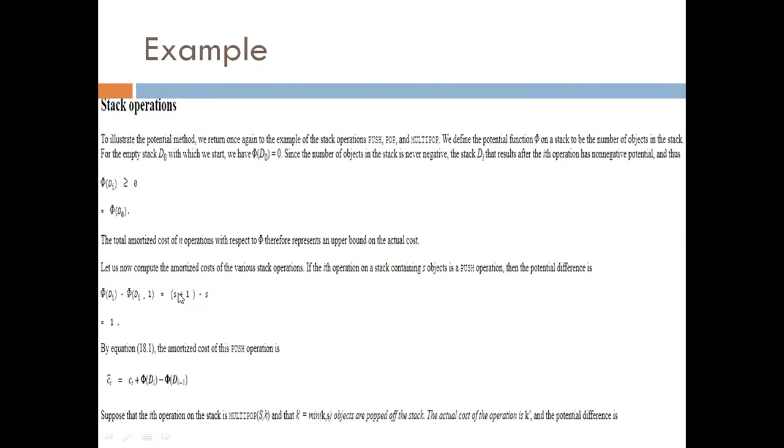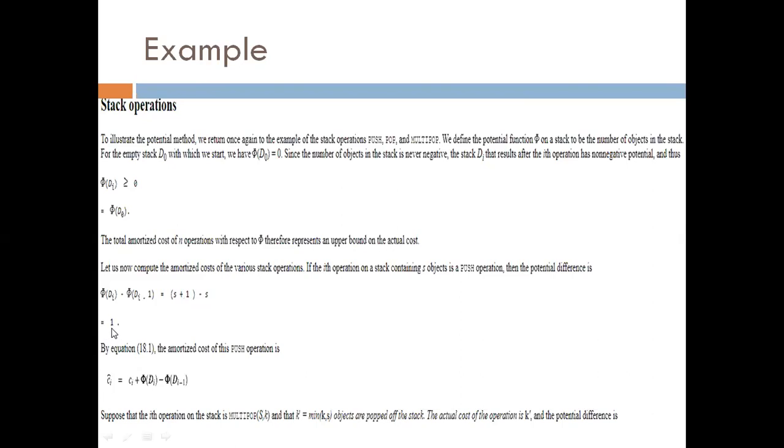In the ith iteration we insert one more object. After inserting this object, that is after performing the push function, the size of the stack is 5, and before inserting this element the size was 4. For potential we consider the size of the stack, so 5 minus 4 is 1. The potential difference is 1.